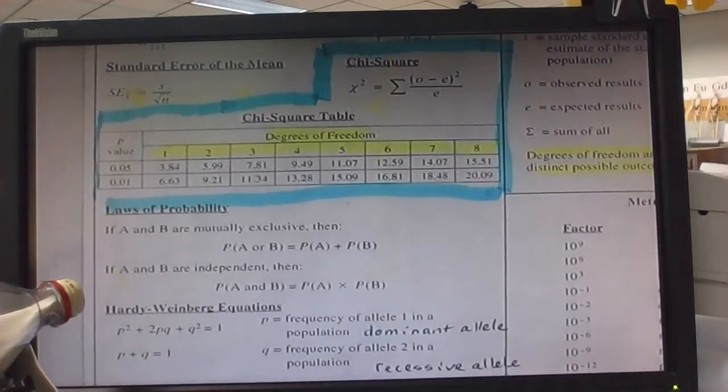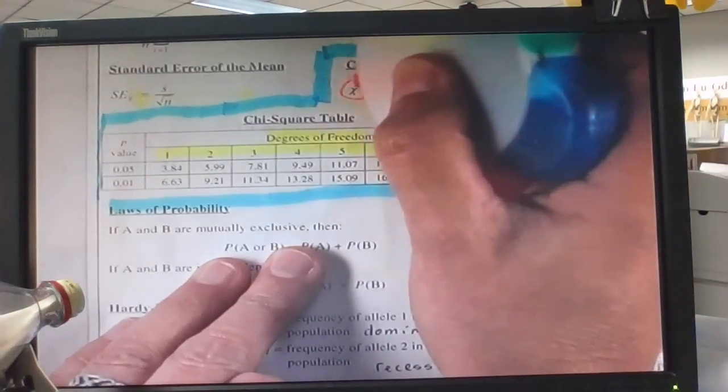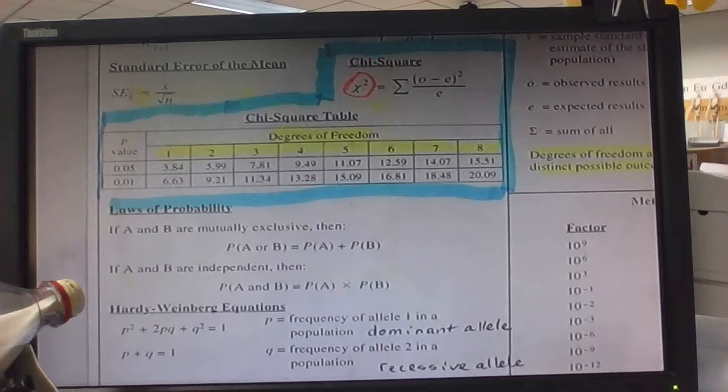So on the formula sheet, this is my chi-squared value, and you can write it x with a little 2 exponent. So when you're doing your analysis, you can write x squared equals blah. That's your chi-squared value.